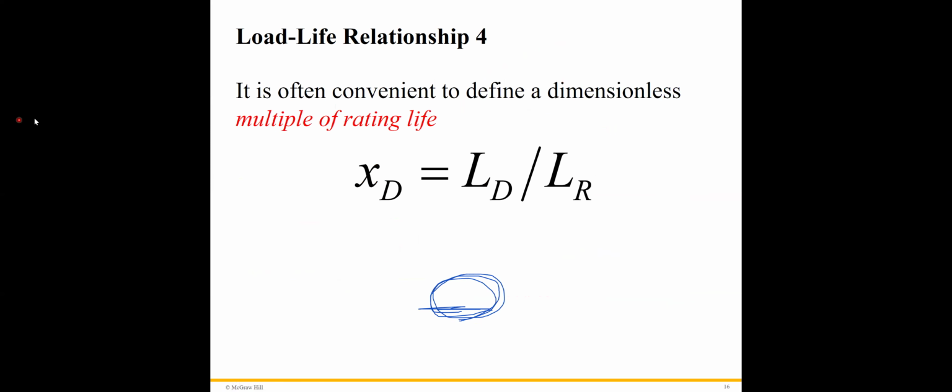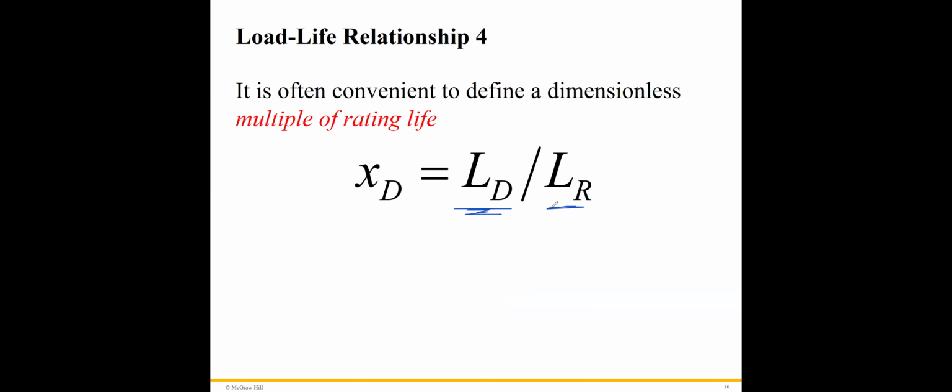And then we're going to define what's called the dimensionless rating life. In the previous slide, we defined LD, the desired life, and LR, the rating life, which can be either hours or cycles, revolutions.